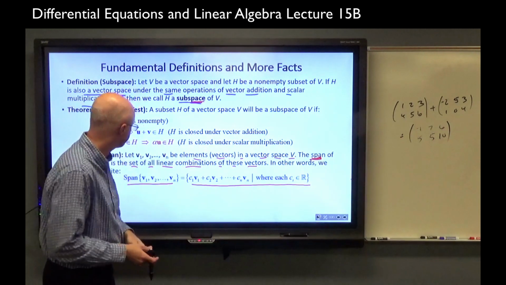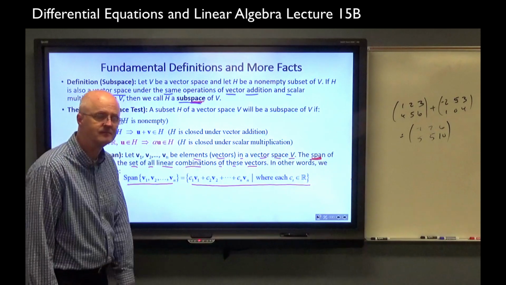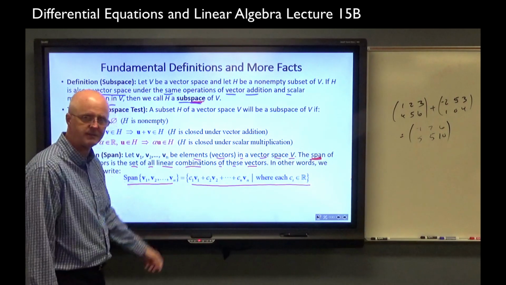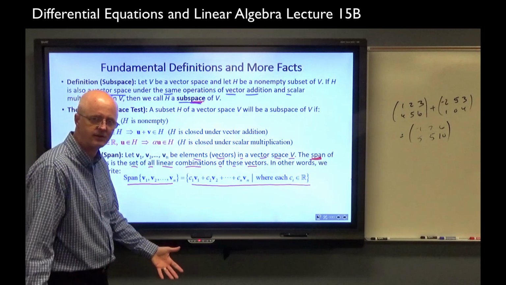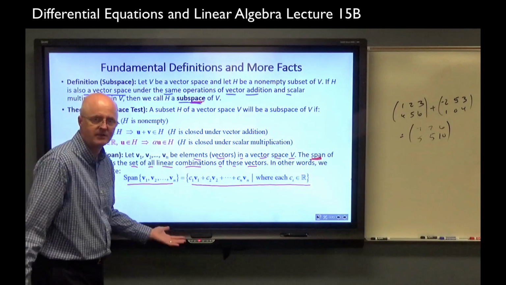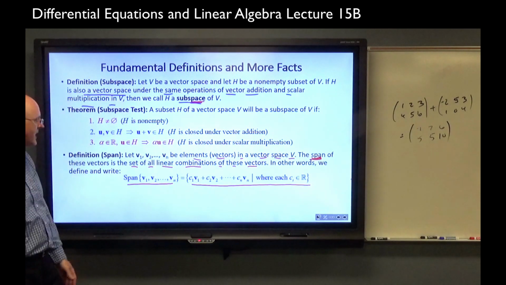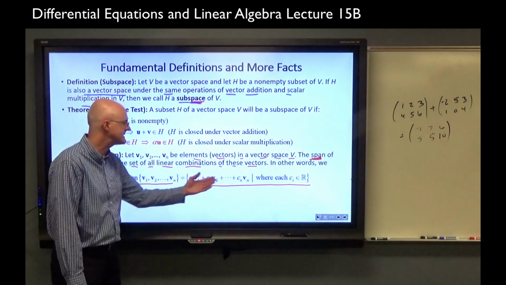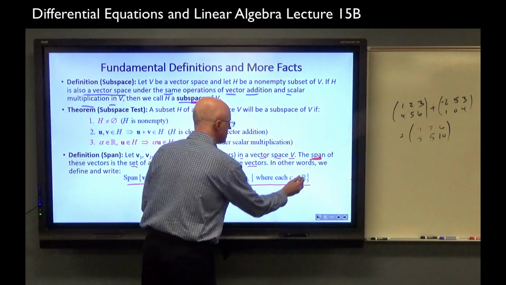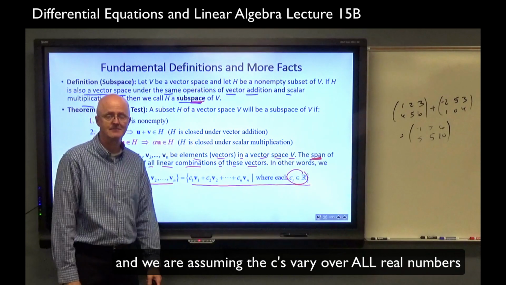First thing to realize, the span of this finite set is not a finite set, unless all these vectors happen to be the zero vector in the vector space, which is the trivial example. Then these linear combinations would still give you just the zero vector. In general, this is not a finite set. The C's can be any real number. They are arbitrary real numbers. These are infinite sets.